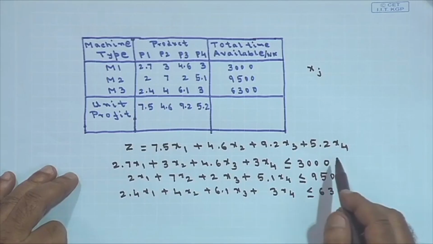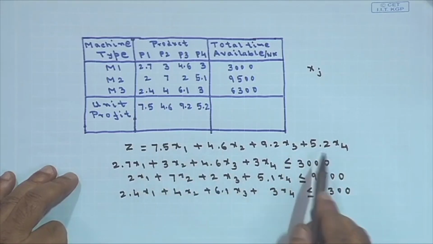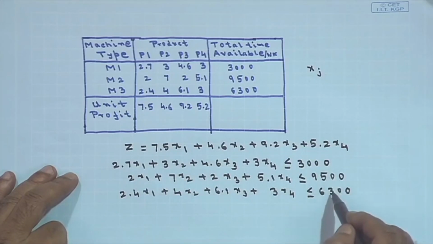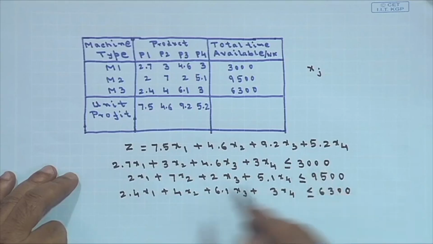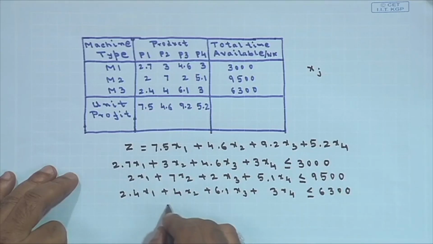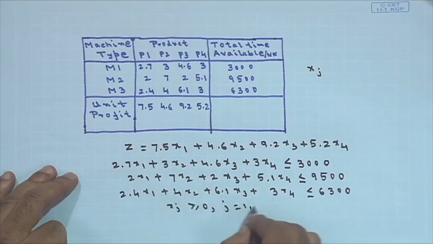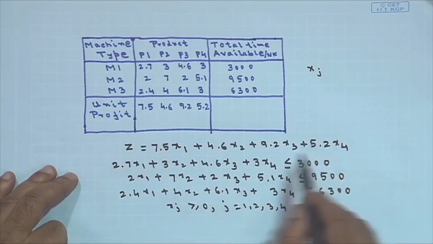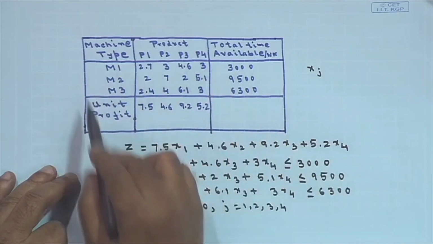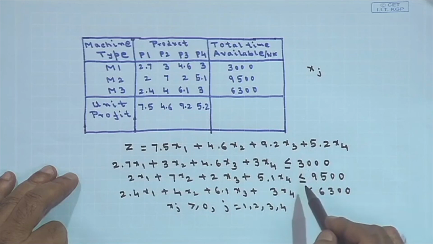So, this is the objective function and these are the constraints, where obviously x_j is greater than or equal to 0, where j is 1, 2, 3 and 4, since these are products and they cannot be negative. In this way I have formulated one optimization problem for this table.